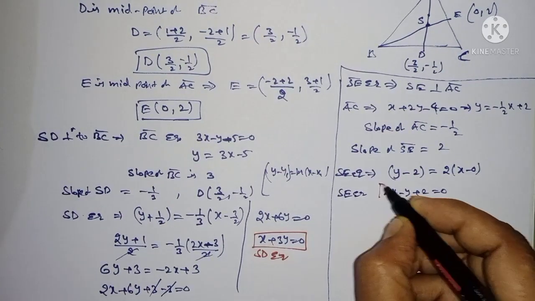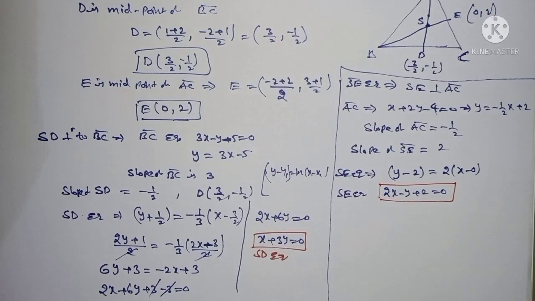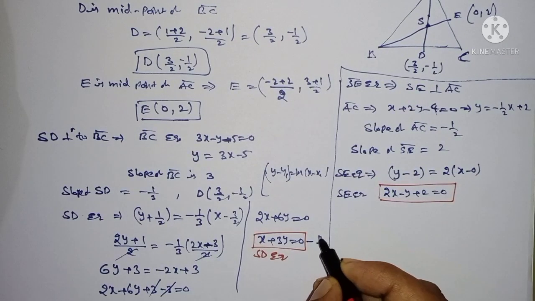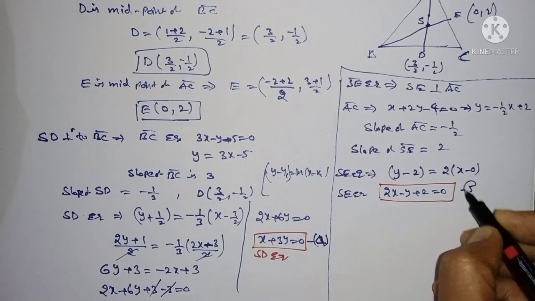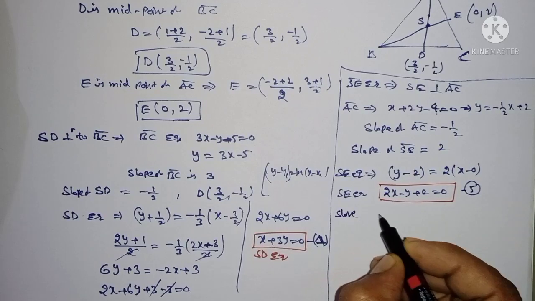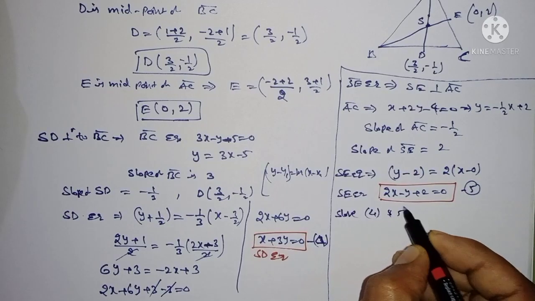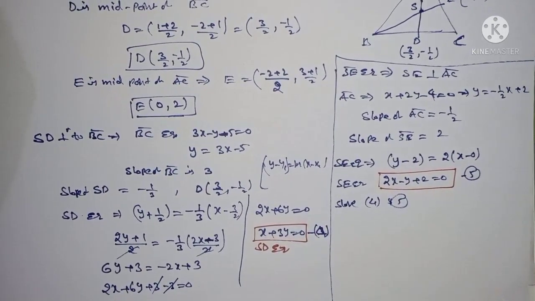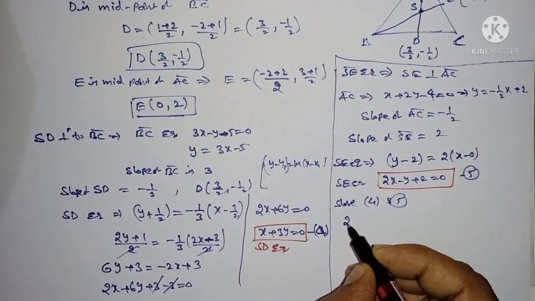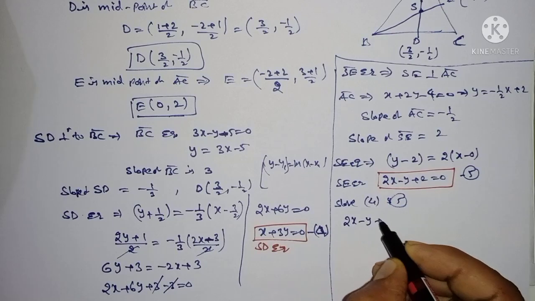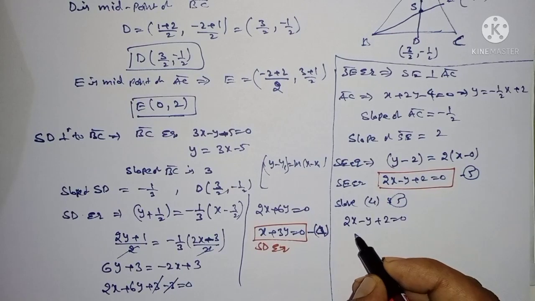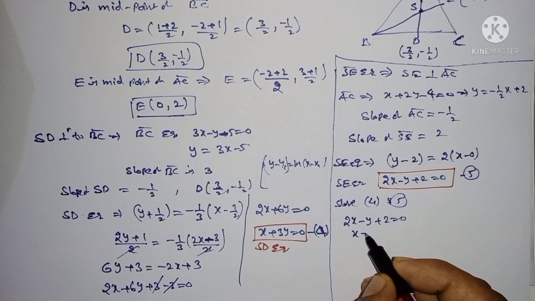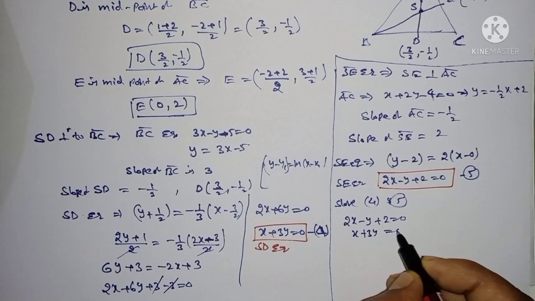You can solve these two equations. You get the S coordinate. Solving these equations 4 and 5. You get the S coordinate or circumcenter. Therefore, I can write 2x minus y plus 2 is equal to 0. This is x plus 3y is equal to 0.